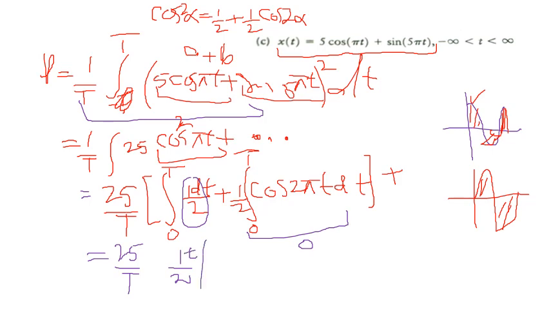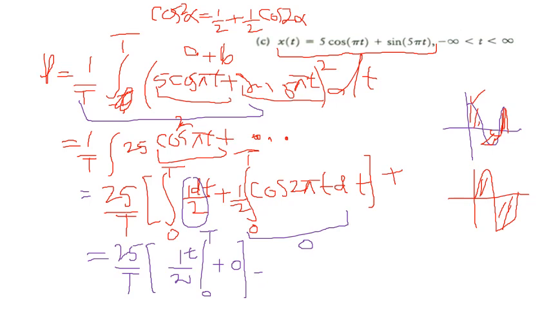The interval of integration is 0 to T, so by putting in the values, plus 0 for the cosine part.